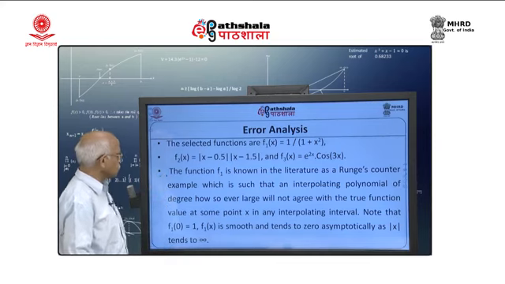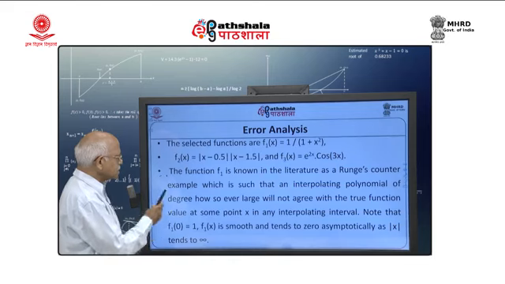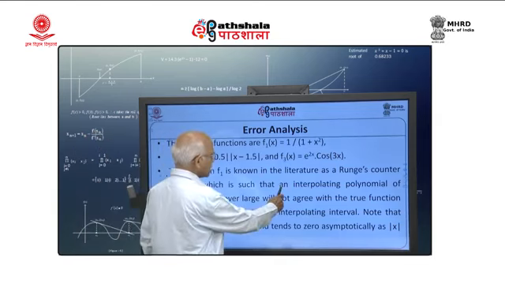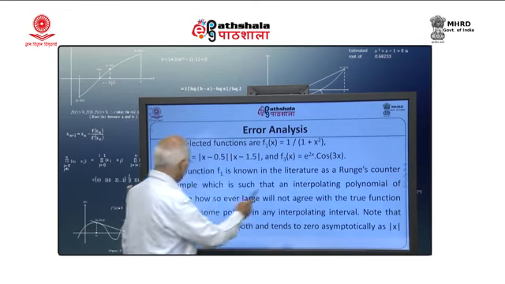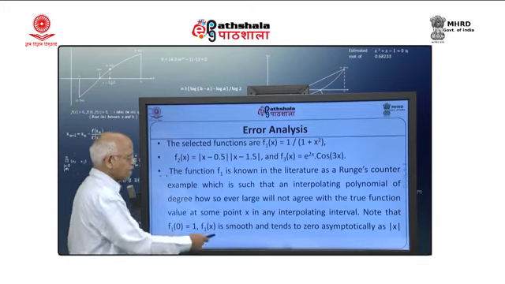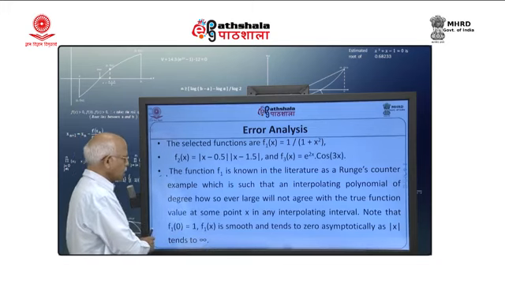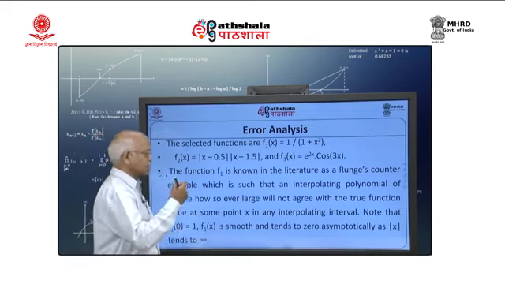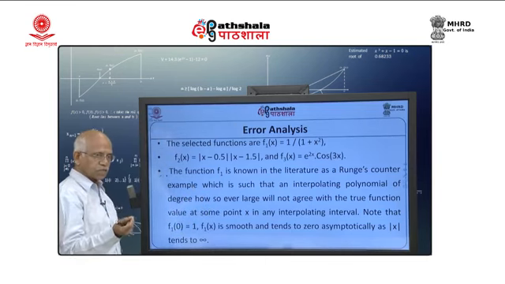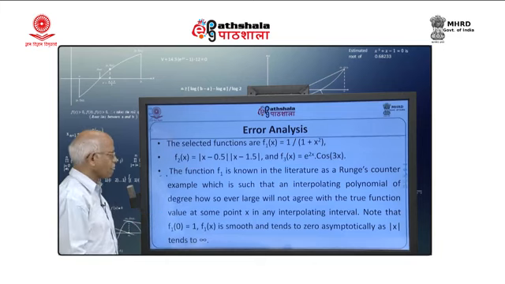We will always get significant errors at some points in the interval.